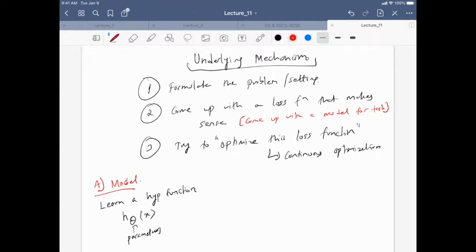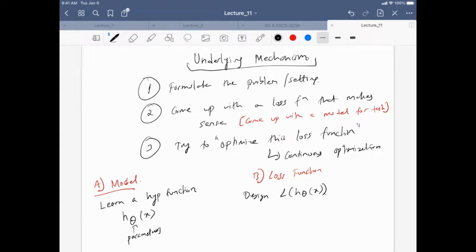Now the second part, which is equally important, is the loss function. Here we want to design a loss L of h theta of x.